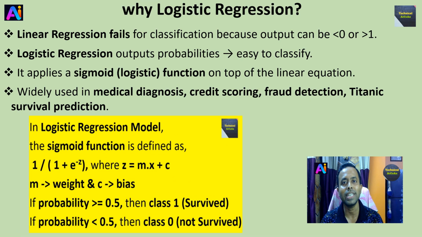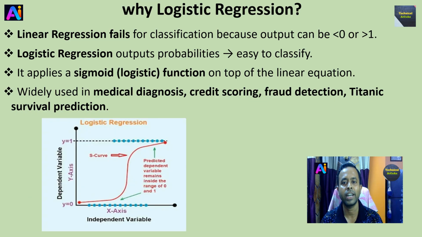The logistic function is a specific sigmoid function, 1 divided by 1 plus e to the power minus z, where z equals m dot x plus c, m is the weight and c is the bias. It is widely used in medical diagnosis, credit scoring, fraud detection, and Titanic survival prediction.